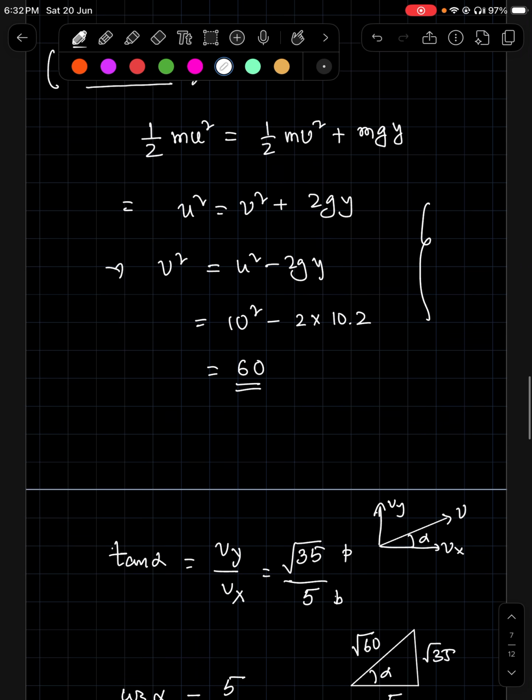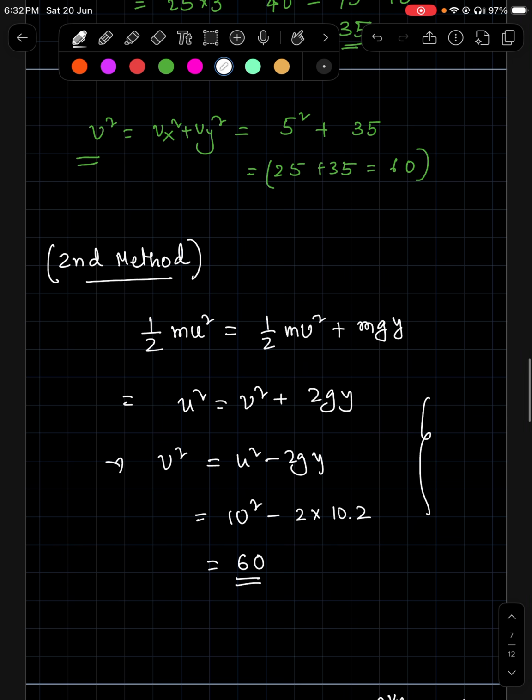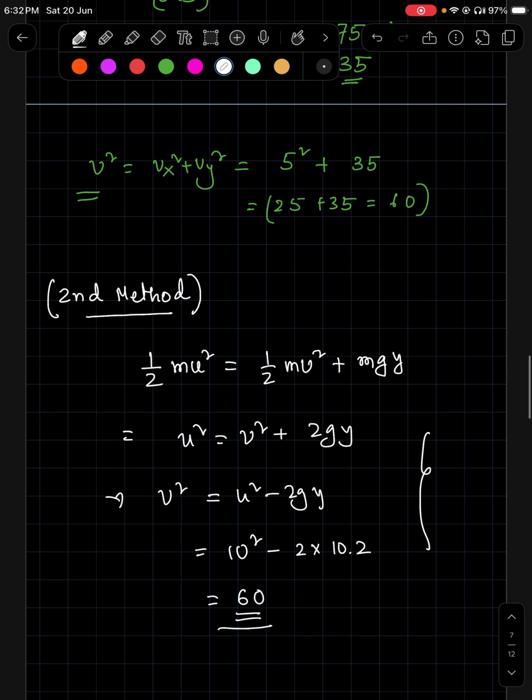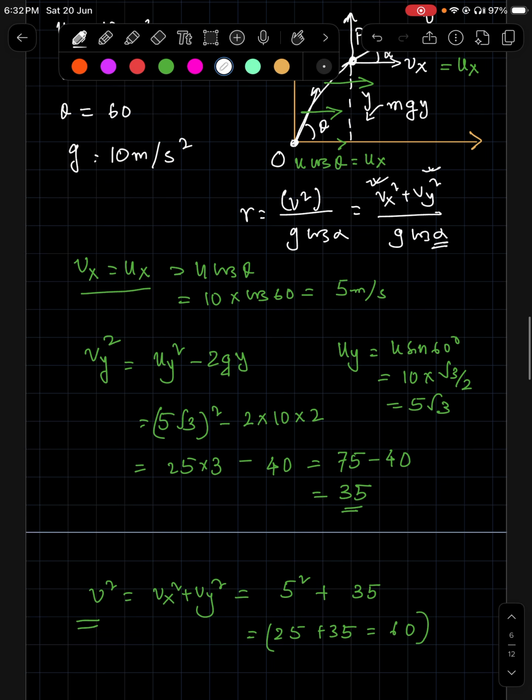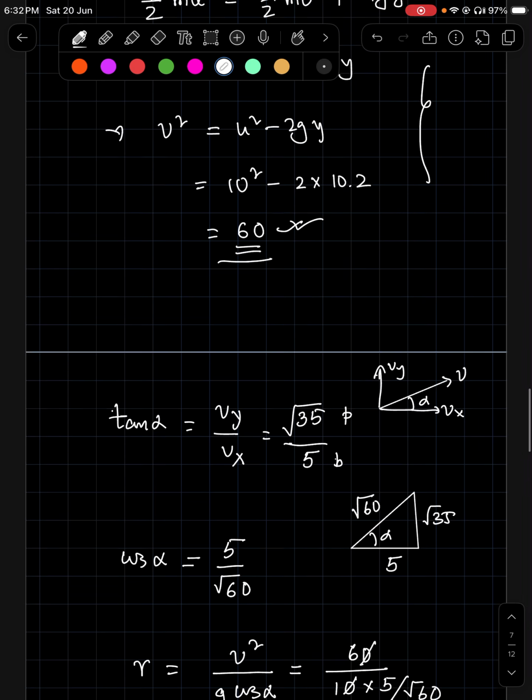So that is the way to find the radius of curvature at any point of the projectile motion. I have also shown a shortcut to get the velocity at any position without knowing the mass of the particle. So this is the easiest way to get the v square. So that is a shortcut we can say, and we have solved the problem to find the radius of curvature.